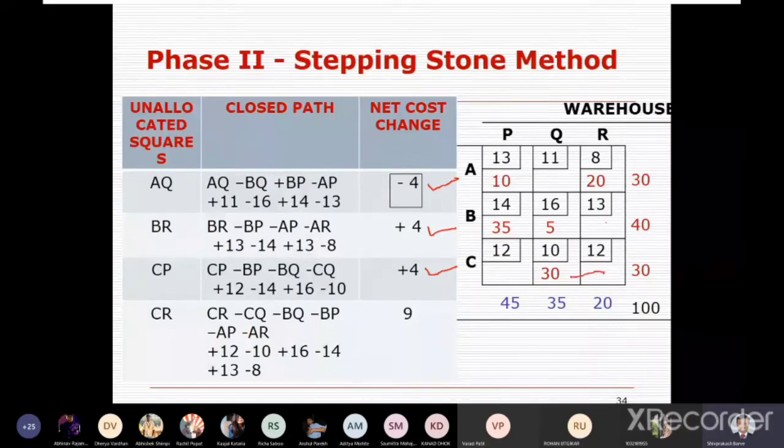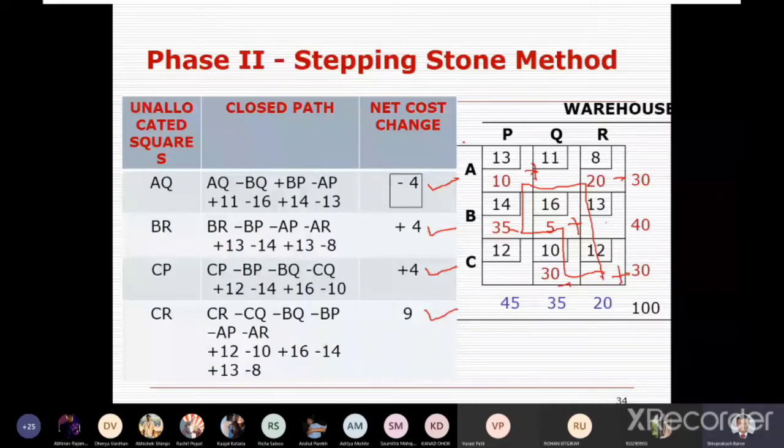So go towards that allocation, go up, go right, left, go up, go right, and go down. So these are the allocations, and make alternate plus and minus signs, plus then minus. Here there is a plus, here there is a minus, here there is a plus, and here there is a minus. So consider same signs for calculating the net cost, and we got net cost is plus 9.